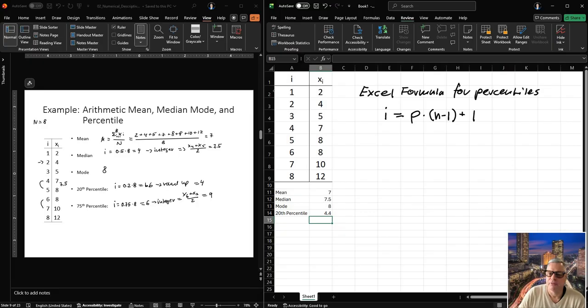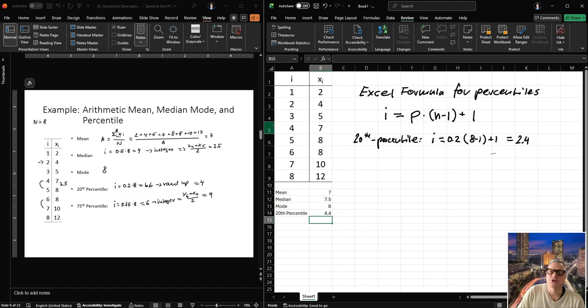Well, what Excel did is it calculates the index number. So let's do that here. So Excel does the following. It wants to calculate the 20th percentile. Okay, so what's the index number that Excel looks up? So Excel determines the index number as 0.2 times 8 minus 1, which is 7, plus 1, which is 2.4.